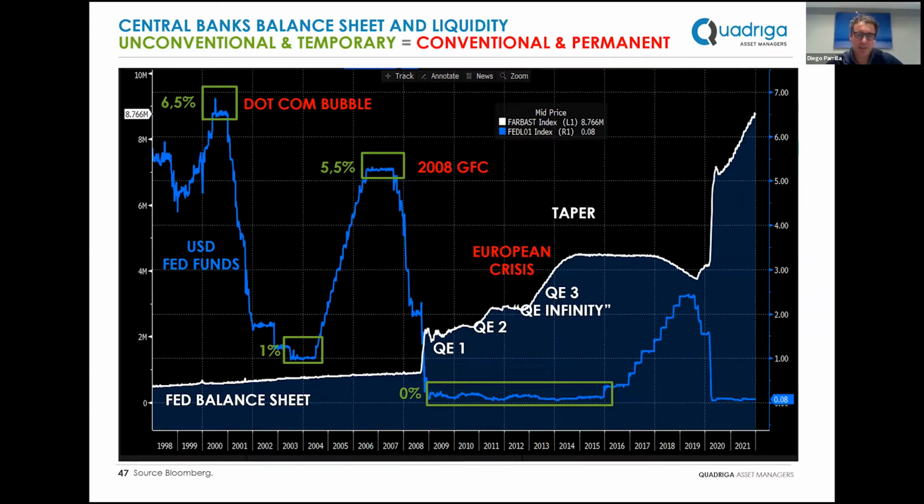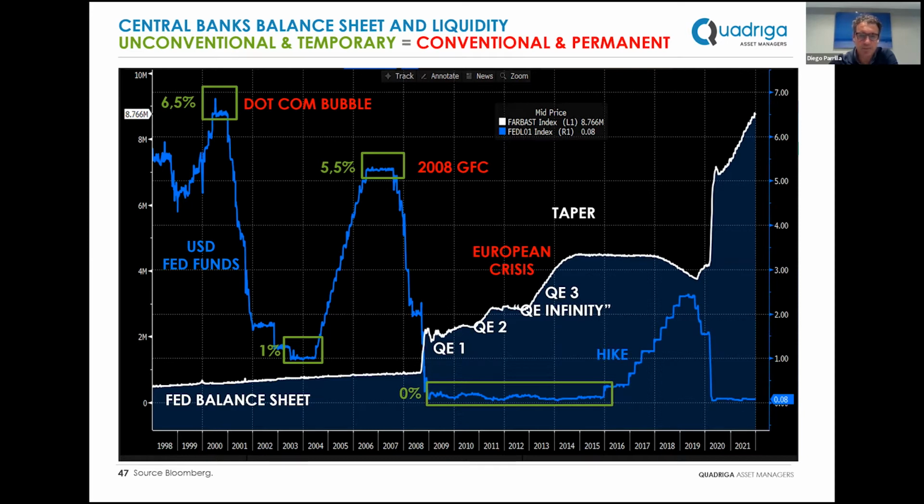But eventually, we had the famous taper, a slowdown in the size of purchases of government bonds, which eventually stopped. And it did take quite a while between the end of the taper, as we can see, and the first hike.